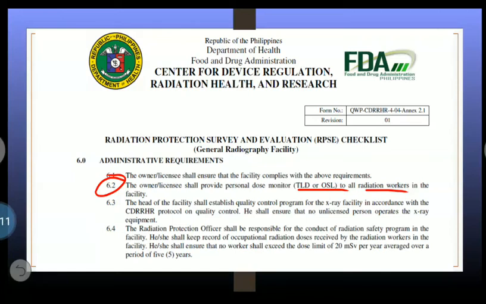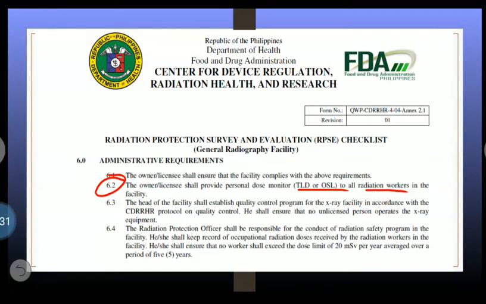Not unless they are deployed to other offices.